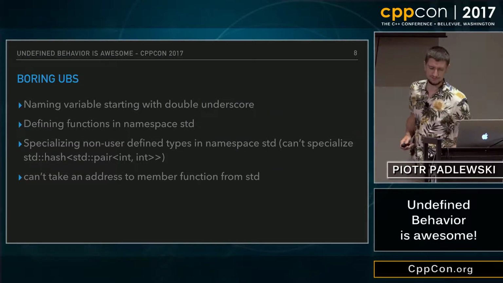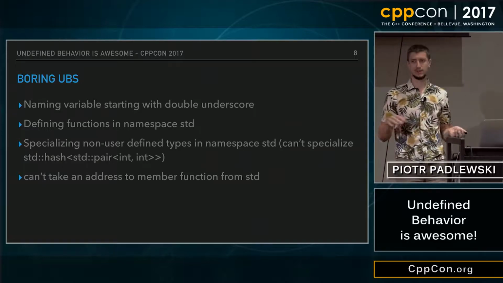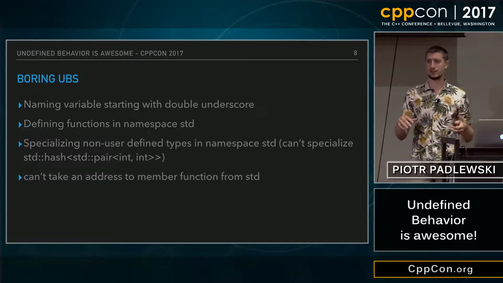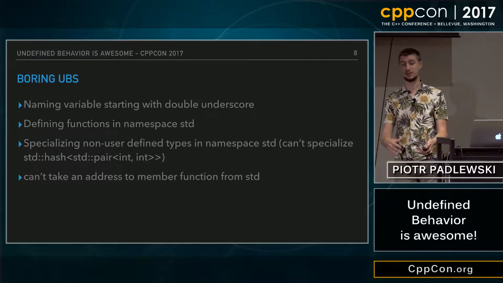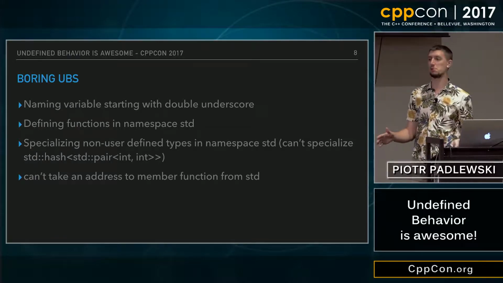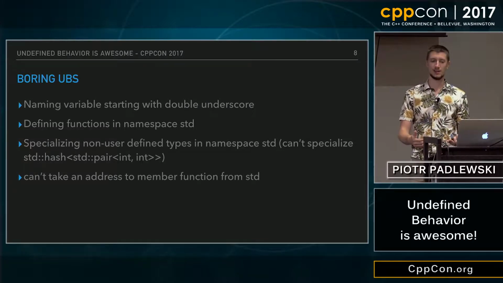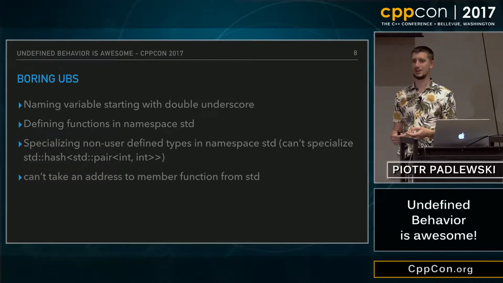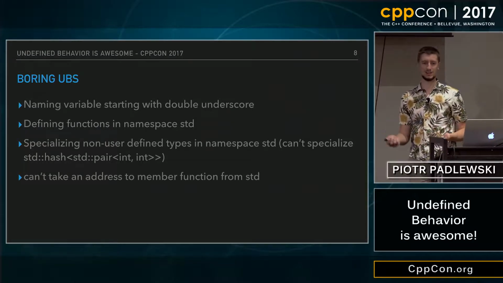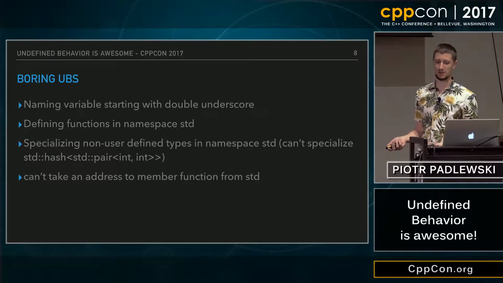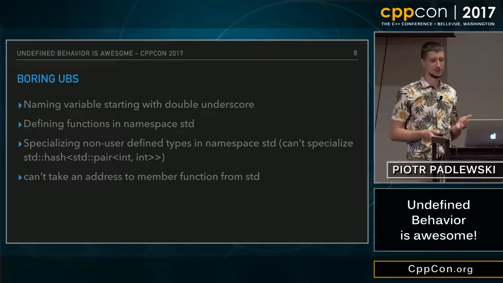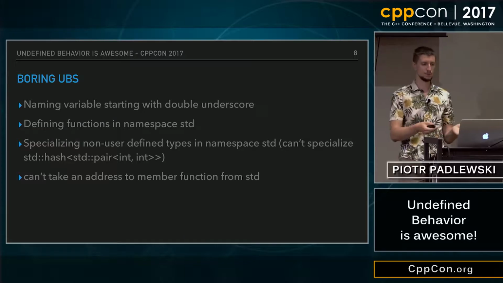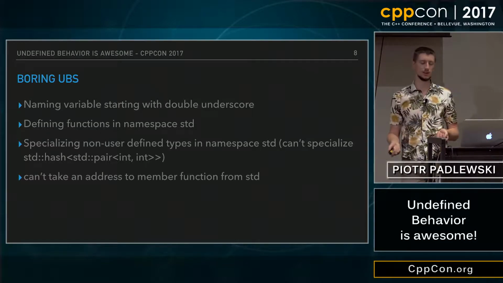So the standard needs to have some sort of namespace where it can put things, and it can just guarantee that this will work as specified. It cannot just say, okay, if you do this, then it's not going to work. This is basically undefined behavior. And the same thing goes for putting functions in namespace std.